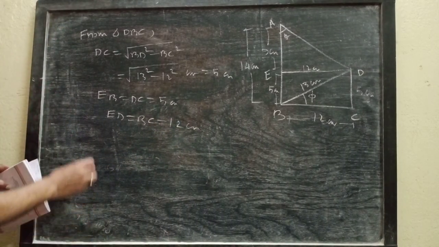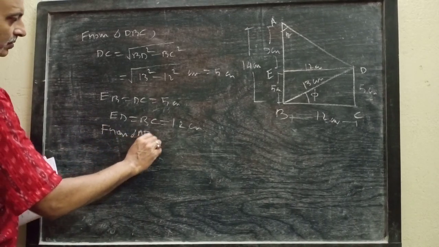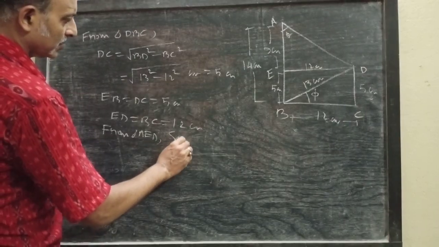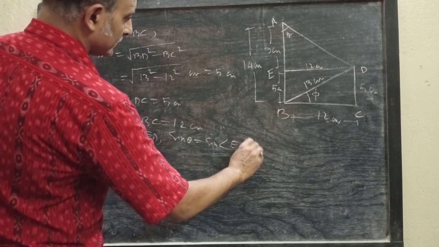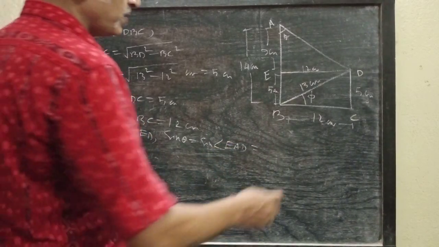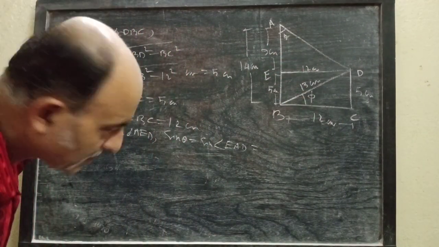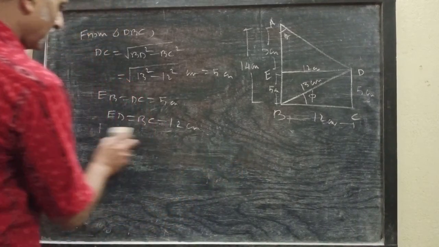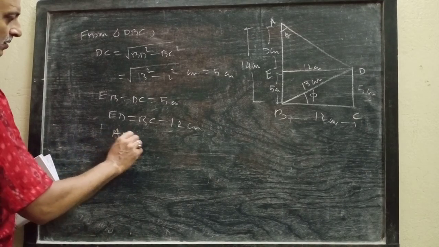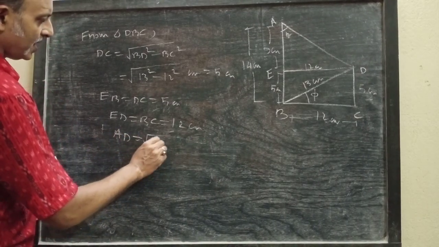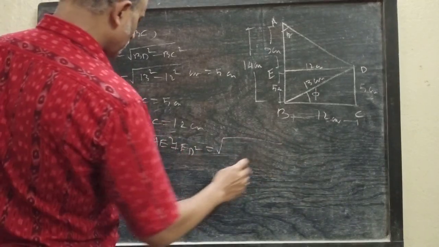Now, from triangle AED, sin theta, that means sine of angle EAD. So we have to find the AD first. AD will be root over of AE square plus ED square.